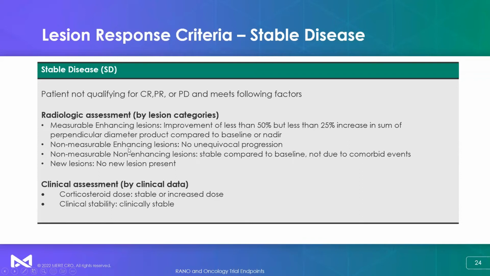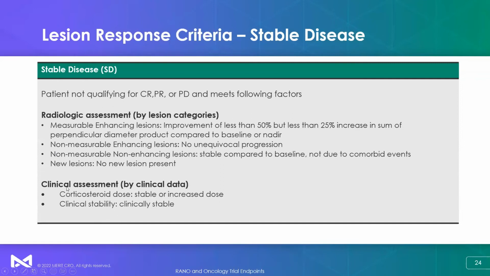Non-measurable enhancing lesions should have no unequivocal progression, basically meaning absent, present stable, or present improved. Any non-enhancing lesion should be stable compared to baseline, not due to comorbid events. So that would be either absent, present stable, or present improved as possible values. And then no new lesion present at all.